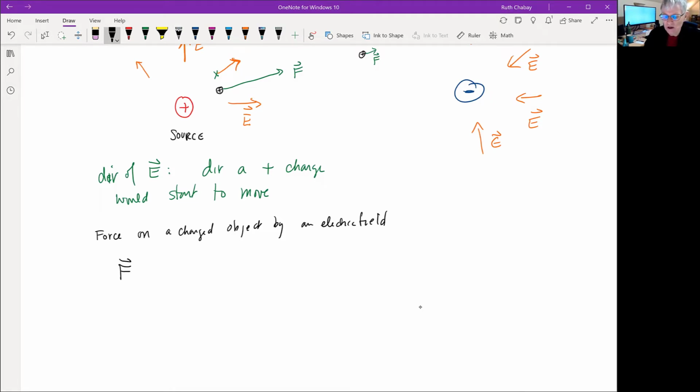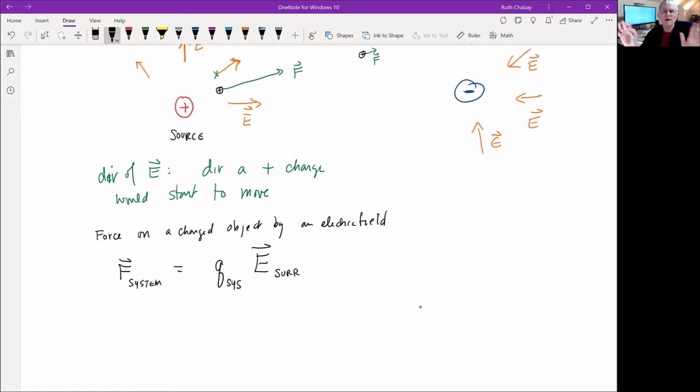So force on some object, on our system, is equal to the charge of our system, so if we had an alpha particle, it would experience a bigger force than the proton, multiplied by the electric field, which is due to the surroundings.